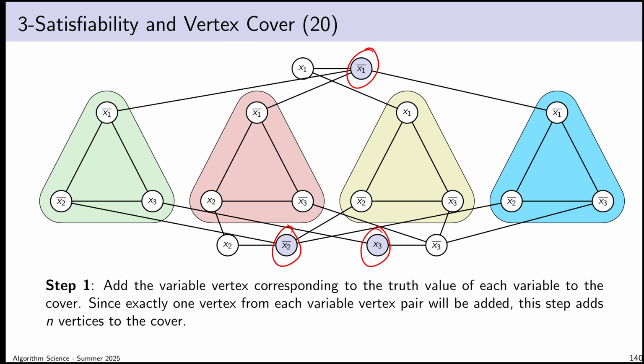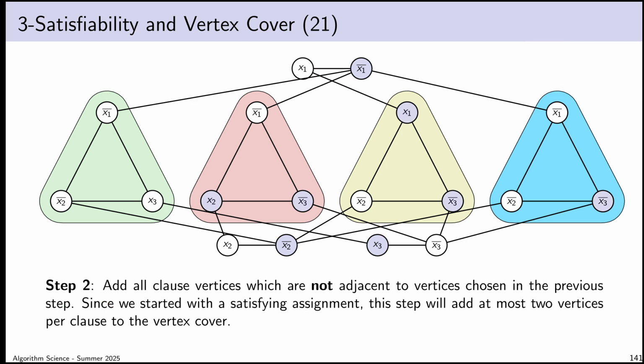And we notice that because there are n variables, doing this will add exactly n vertices to my vertex cover, 1 for each variable. Because of course, I would never add both x1 and not x1, because x1 is either true or false and never going to be both.